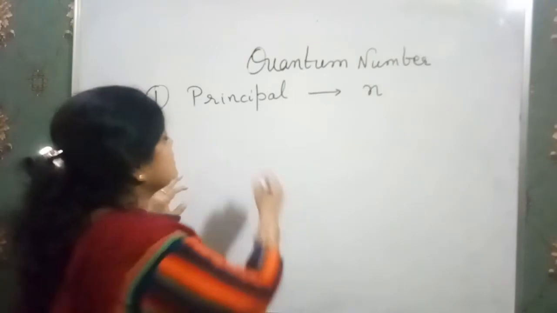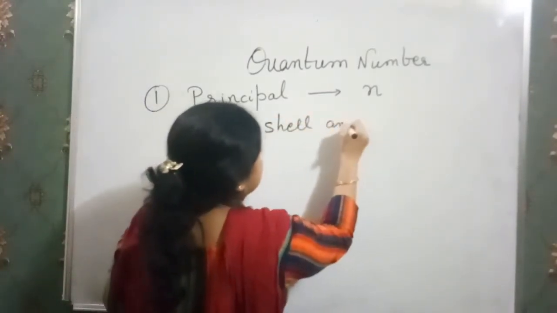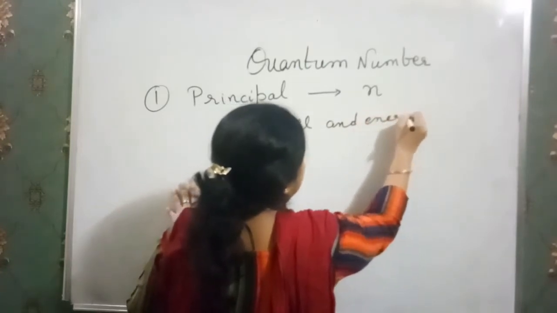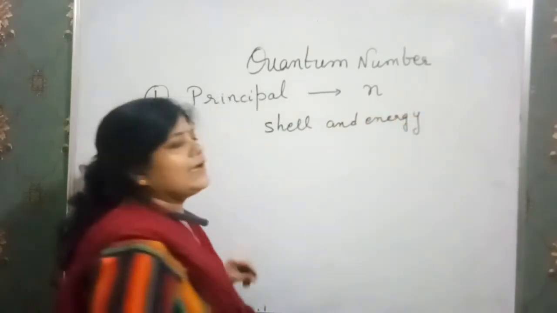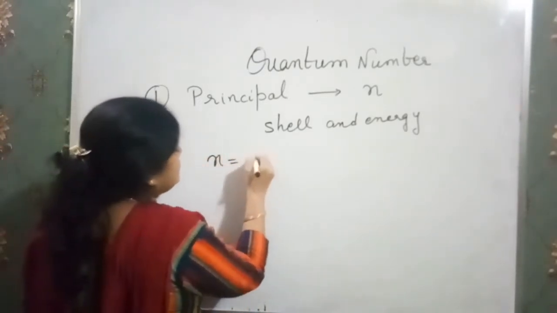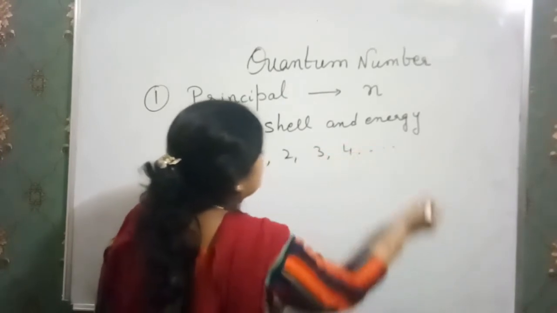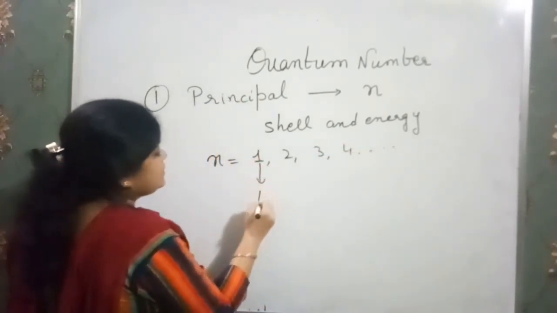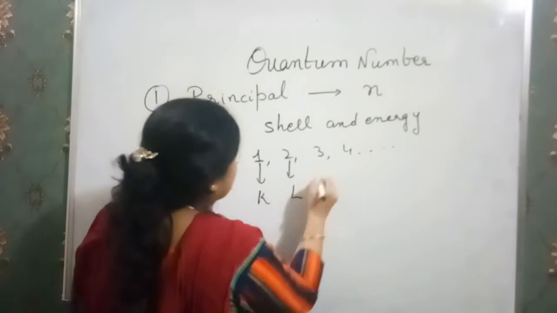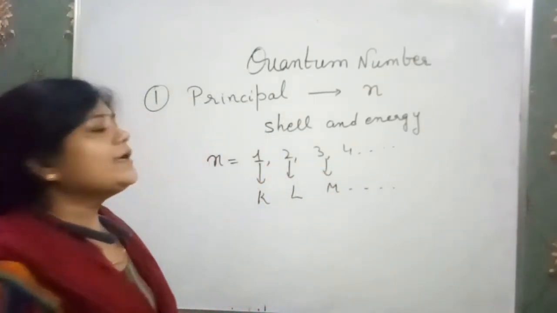That is, it tells the shell and energy of the electron in an atom. So that means it is numbered from 1, 2, 3, 4, so on. Generally 1 stands for K, 2 for L, 3 stands for M, 4 stands for N, and so on. So this is the principal quantum number.